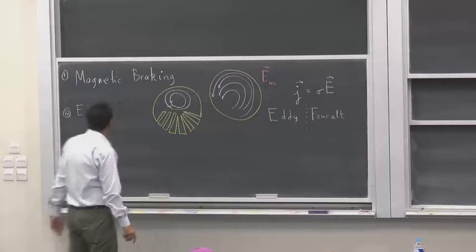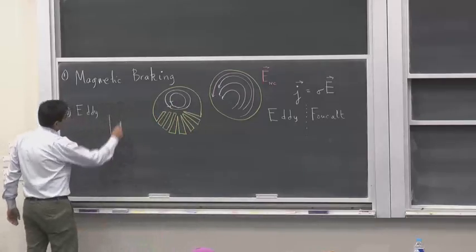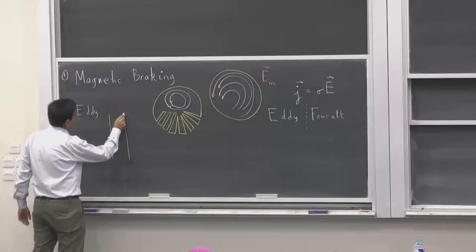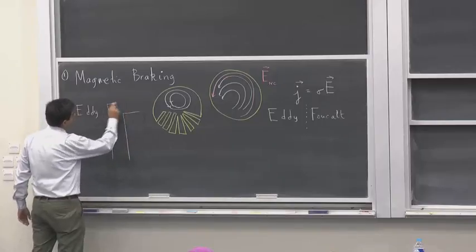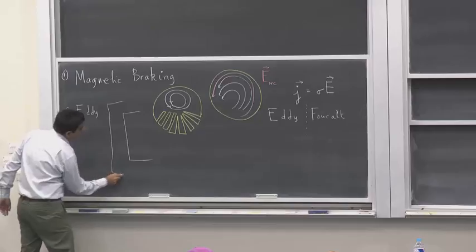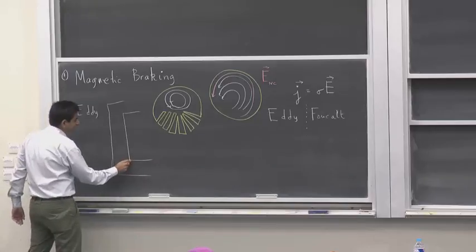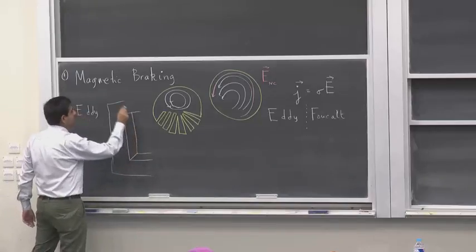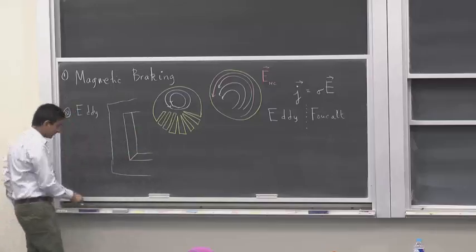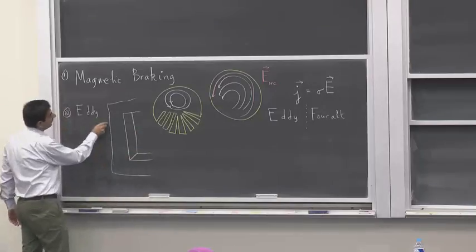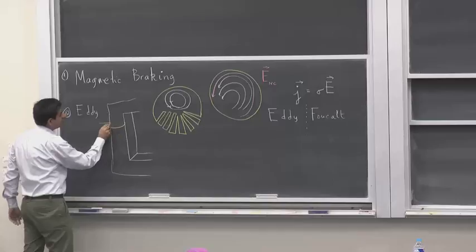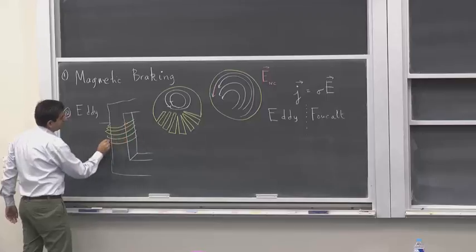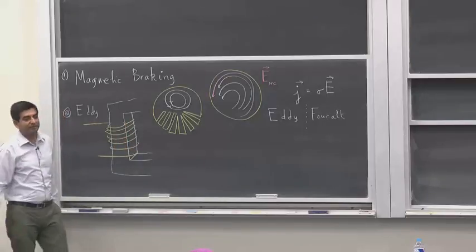Now suppose you have a transformer. I'm just drawing one arm of the transformer. So this is one arm of the transformer, and on top of this transformer you have a winding. This is one coil of a transformer, say the primary coil.